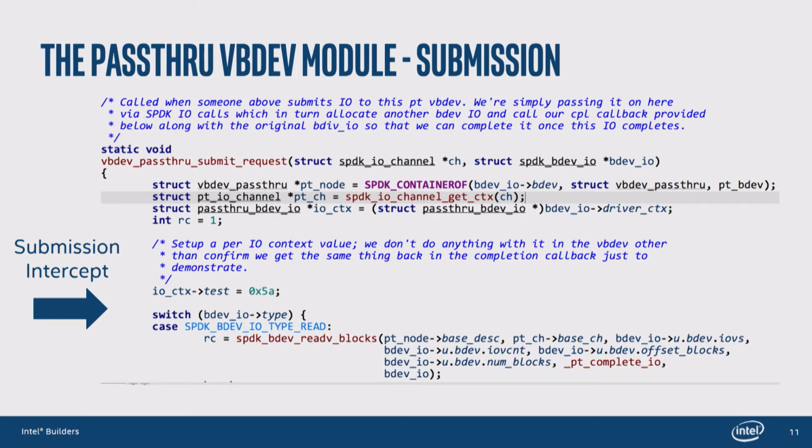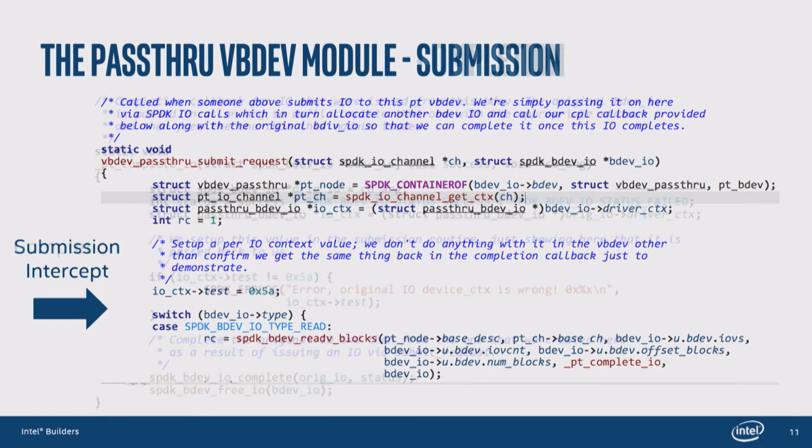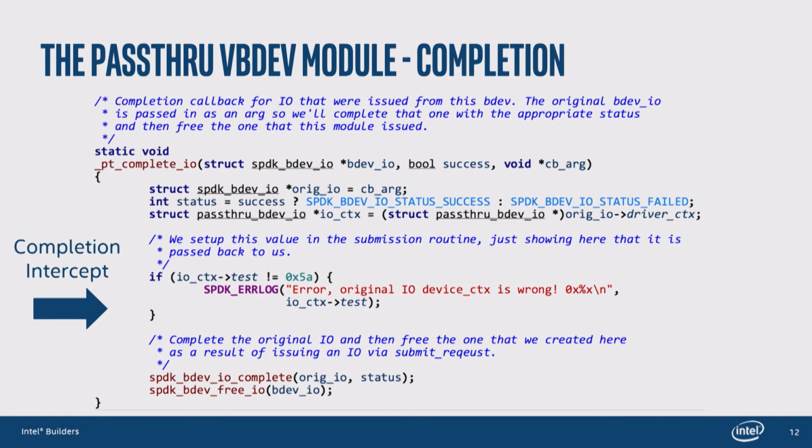What this function is going to do is allocate a new BDEV IO with all of these parameters, and when it's done, it's going to call this function that I've called PT complete IO, and it's going to give me a callback argument, which we'll see on the next slide, that is a pointer to the BDEV IO that I just got. And that's going to make a lot more sense on this slide.